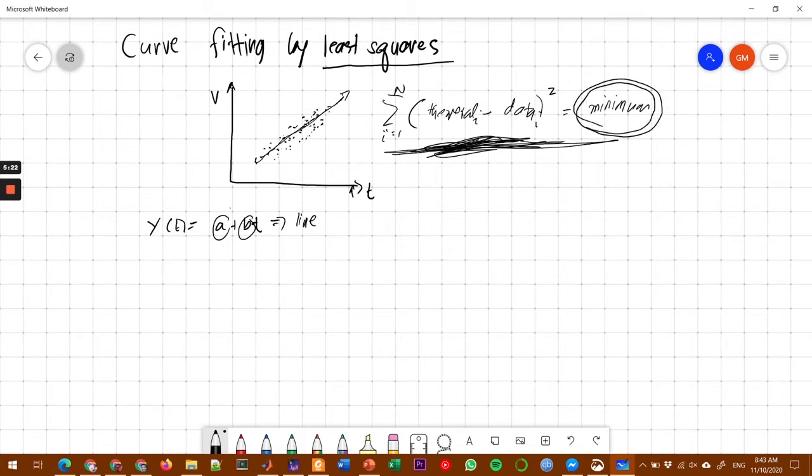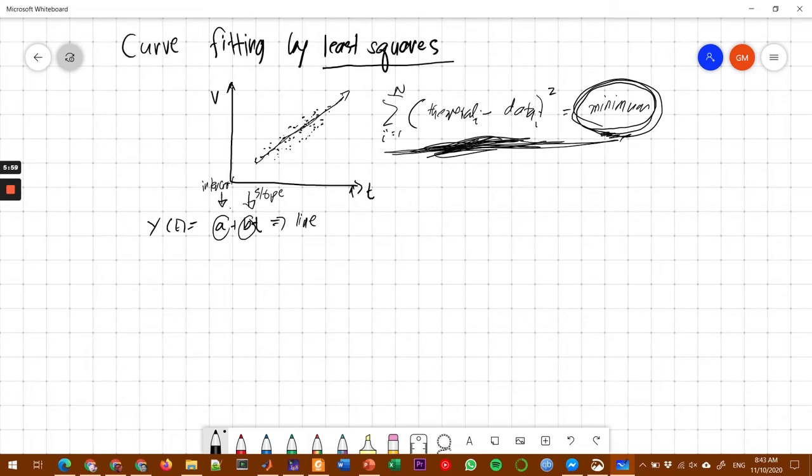So that's the constraint. The sum of the squared differences between the theoretical and the data should be at a minimum. This has to be minimized. So for us to get what the value of A should be and what the value of B should be, these are our coefficients. This is the y-intercept, and this has to be the slope.